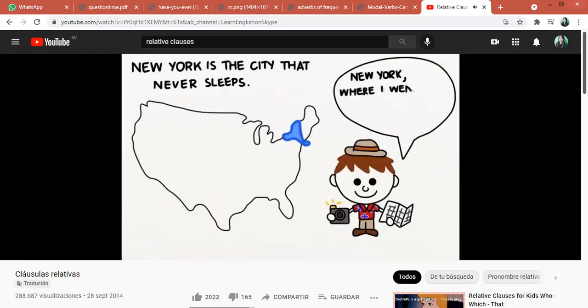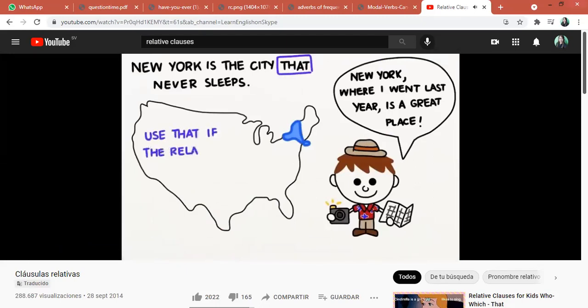For example, New York is the city that never sleeps. New York, where I went last year, is a great place. Notice we use that if the relative clause doesn't have a subject. We use where if the relative clause has a subject. In this case, the relative clause contains the subject I.